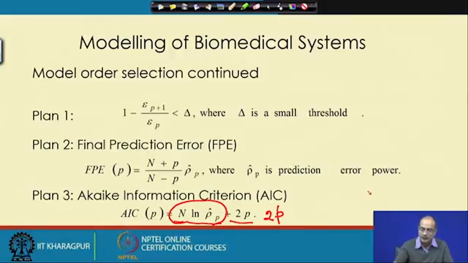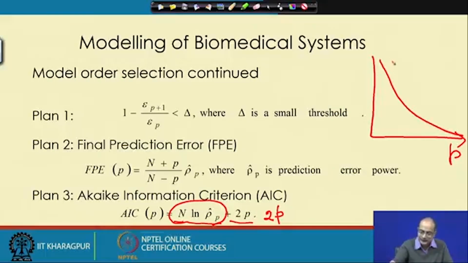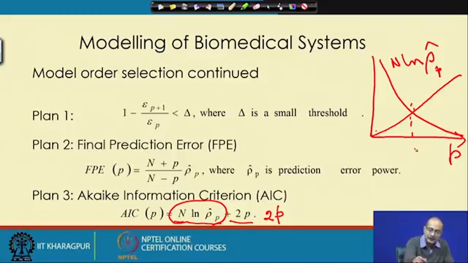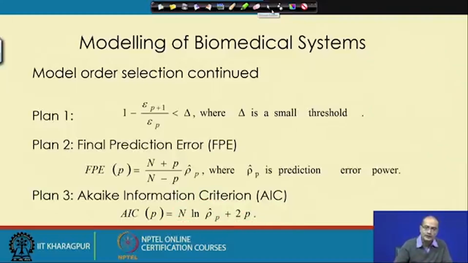In this case, the curves would again be like this with the increase in the model order: the first term, n log of rho p, will decrease, while the other one, 2p, increases linearly. We get the minimum where the two intersect, and that gives us the optimal model order.